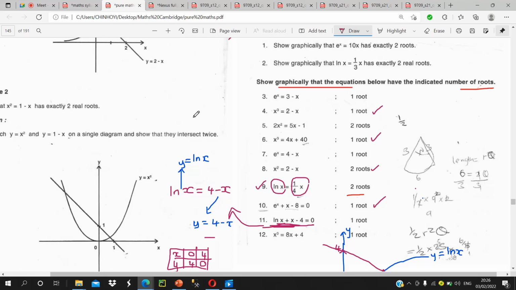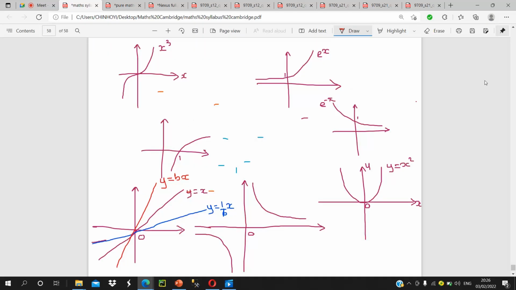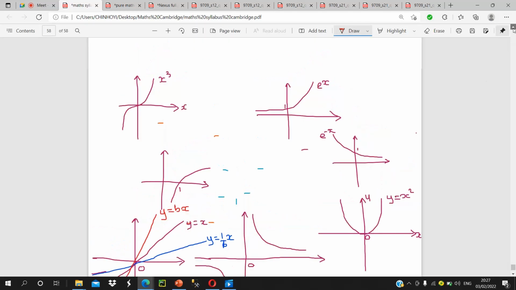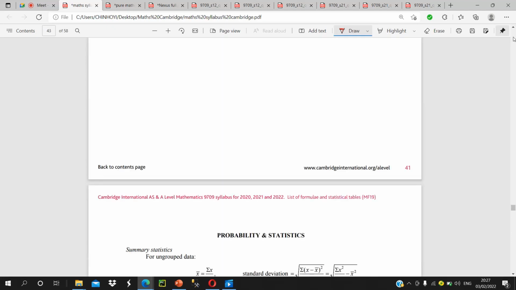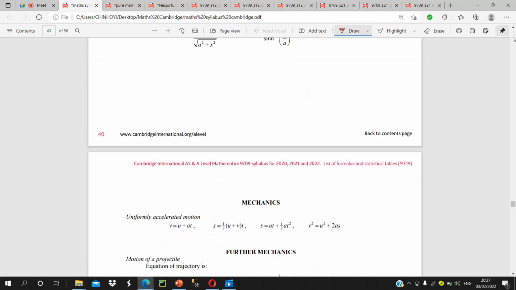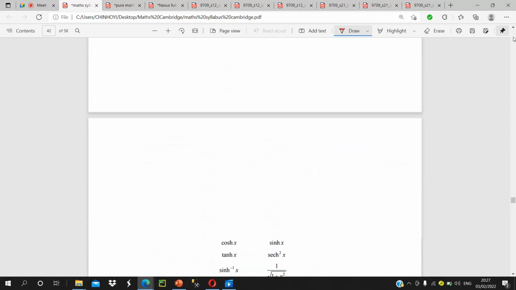Are you done? Okay, fine. So under this topic, we've managed to locate the roots, but the remaining aspect is now approximating the root.